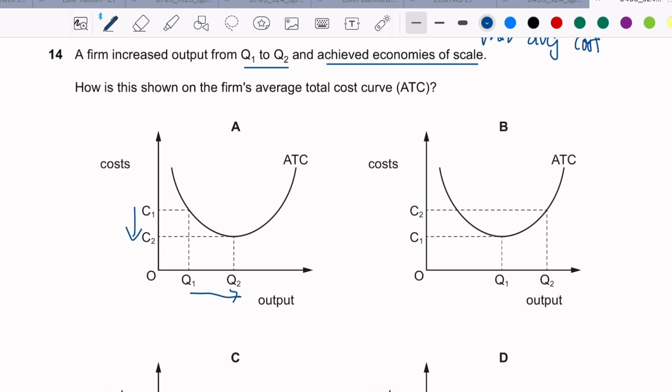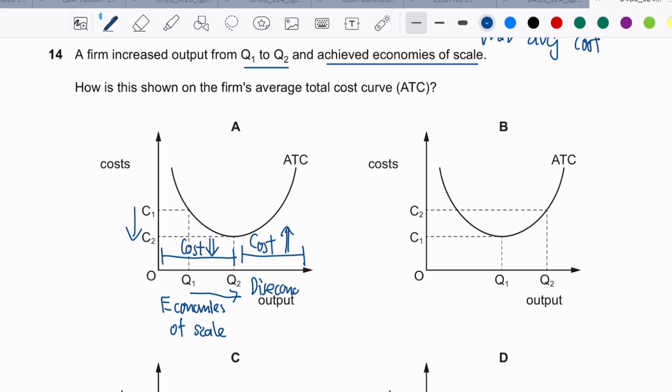This is achieving economies of scale because now the firm produces at a larger scale, so they can purchase the raw materials in large amounts, which reduces the average total cost. However, if you increase the output to more than Q2, let's say here, the cost will increase, as you can see, from here to here. This causes diseconomies of scale.